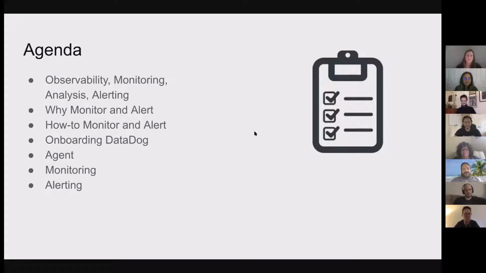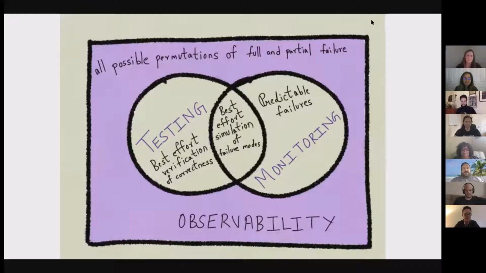All right, next slide here. In terms of where monitoring fits into this world, it has more to do with predicting failures than anything else. You can't monitor for something you can't instrument, and you can't instrument for random uncertain things, because then you'll just make engineers sad if they get a bunch of spammy things to look at.